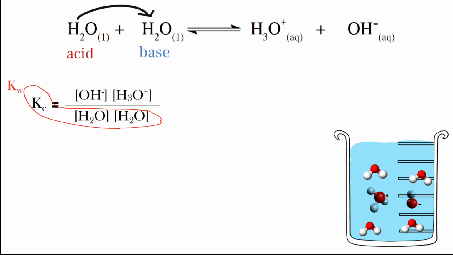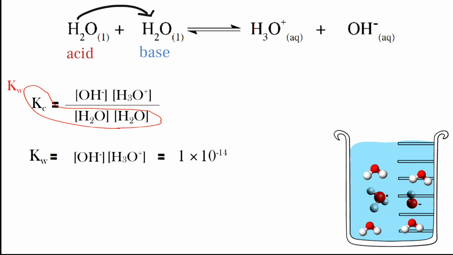So, we can express it using the Kw symbol, which is called the equilibrium constant of water. Kw equals the concentration of H3O+ ions multiplied by the concentration of OH- ions. It's equal to 1 times 10 to the power of minus 14 at 25 degrees Celsius.